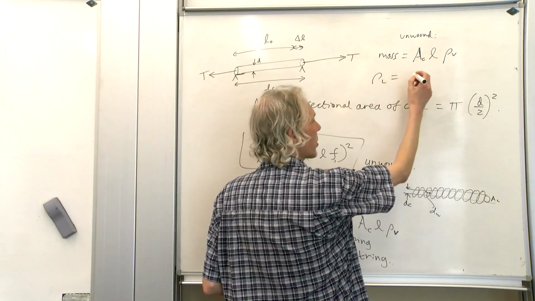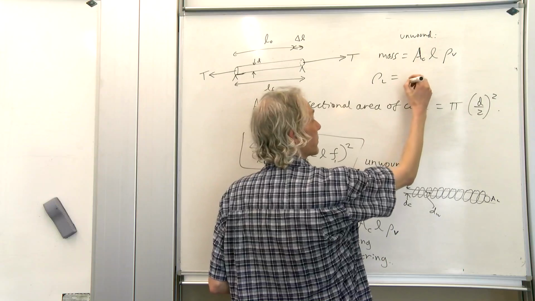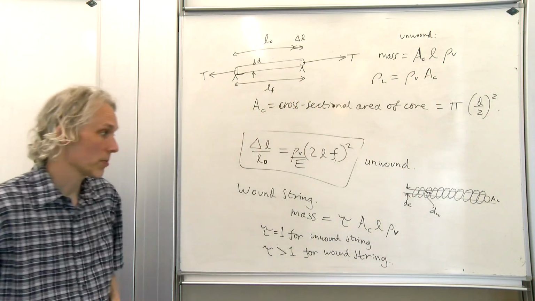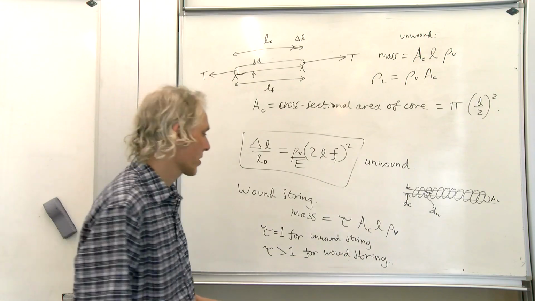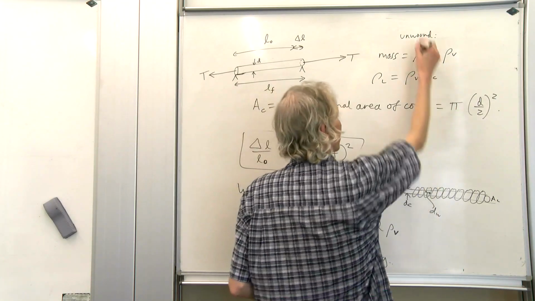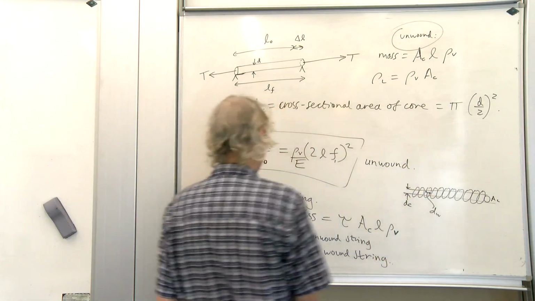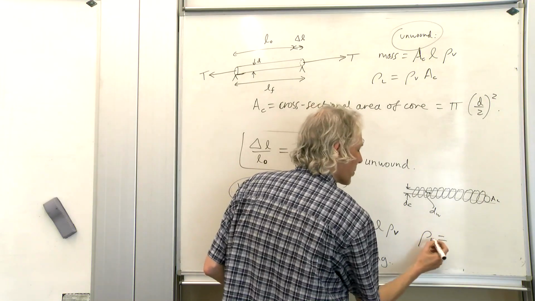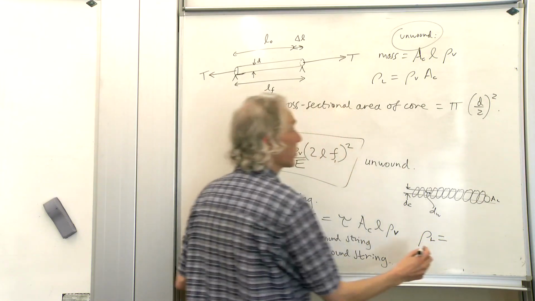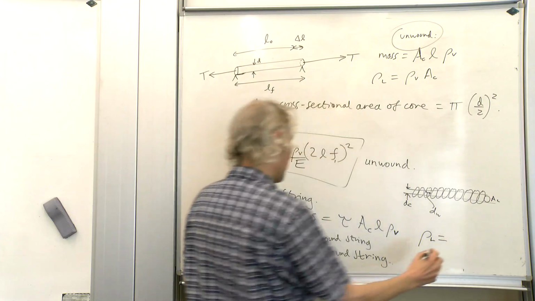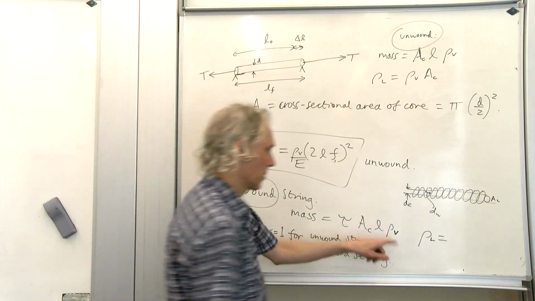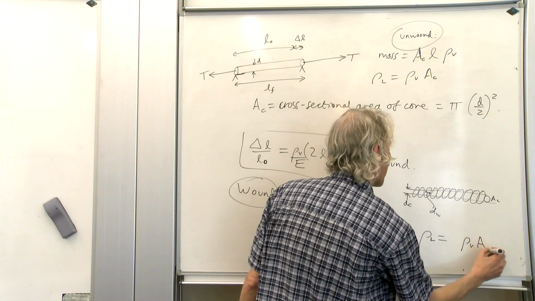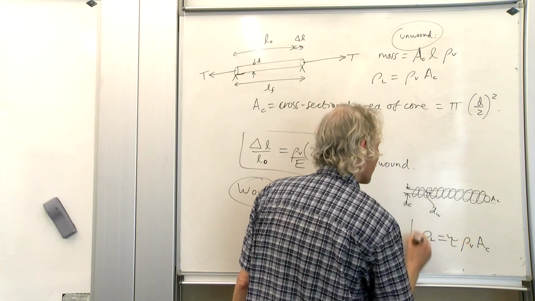Mass per unit length for an unwound string was volumetric density times the cross-sectional area of the string, which is the same as the cross-sectional area of the core, whereas for the wound string, the mass per unit length is going to be the volumetric density and the cross-sectional area of the core multiplied by tau. So that's a bigger number.